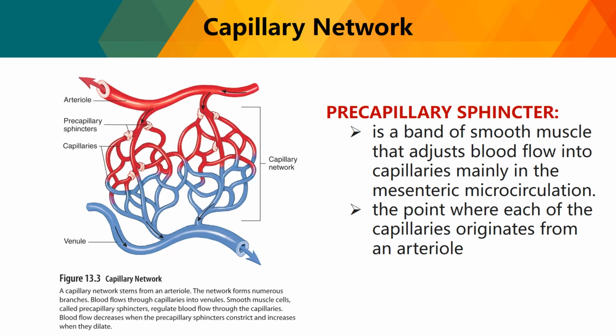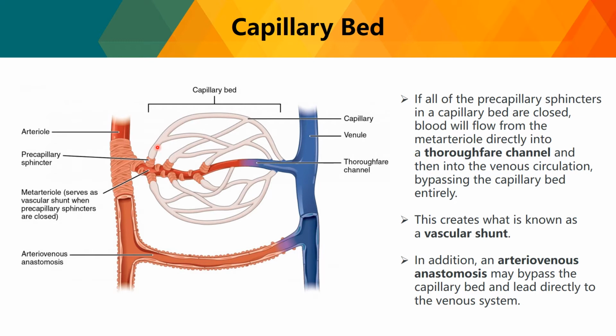Okay, so basically, yung nakikita nyo dun sa image, yung mga maliliit na parang nakadikit dun sa arterioles na parang dinikit na chewing gum, those are your precapillary sphincters. Okay, so that sphincter opens and closes. So if your sphincter closes, meaning there is enough oxygen in the tissue and the concentration of the nutrients are high enough, so no blood flow is needed, kaya siya nagsasara.